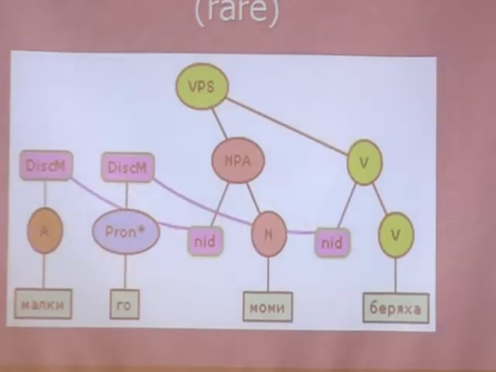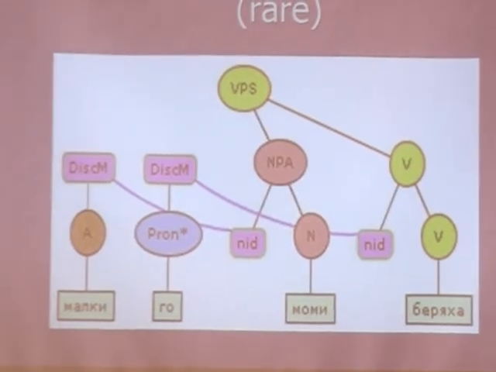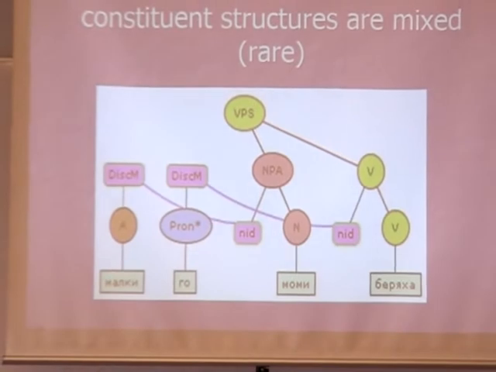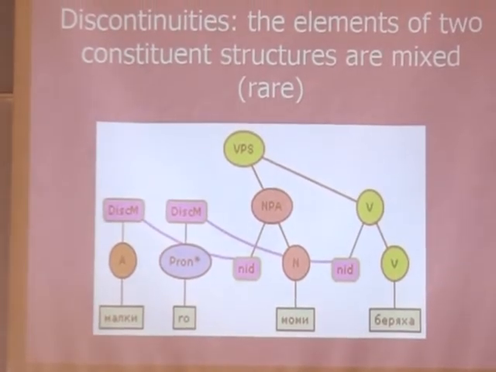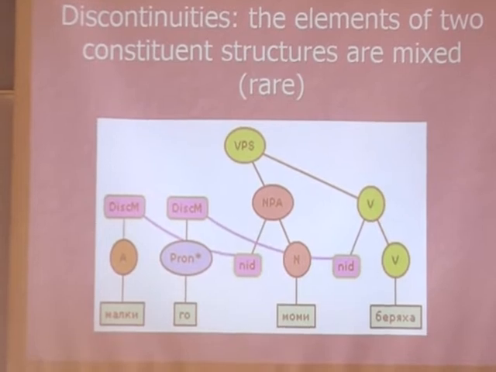The last type of discontinuity is very rare, but because our Treebank reflects the traditional grammars, and in traditional grammars we have very patriotic poems and excerpts from classical prose books, we have this mixed kind of discontinuity when the elements of two constituent structures are mixed. But it is really archaic.